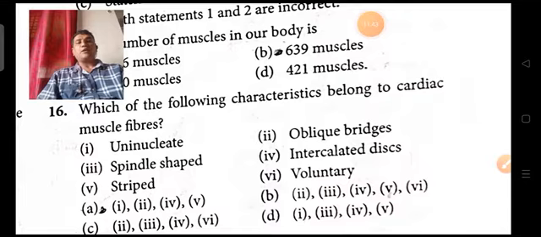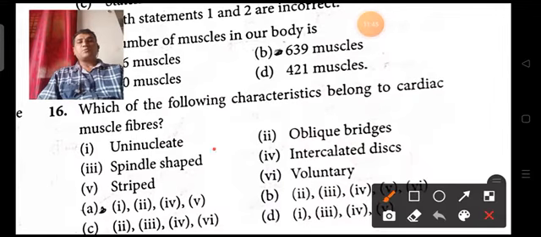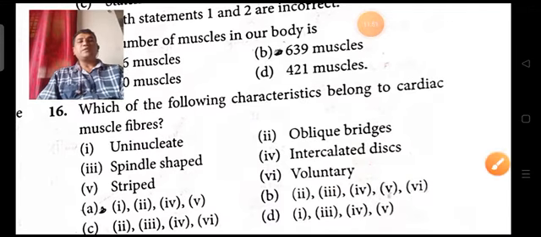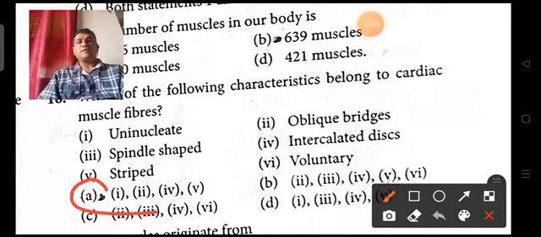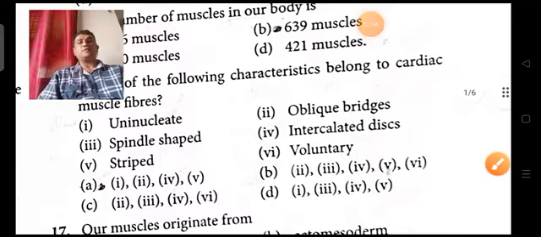So spindle shaped and voluntary are to be removed. Whichever contains 1, 2, 4, 5 is the right answer. The answer is A.